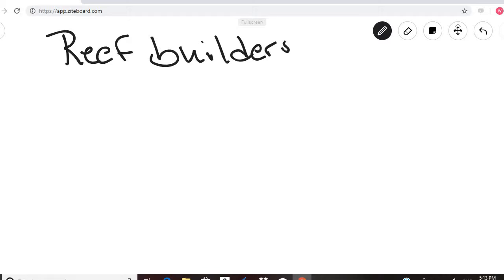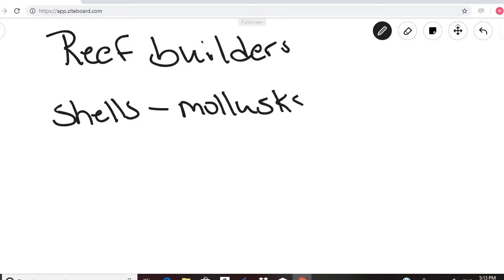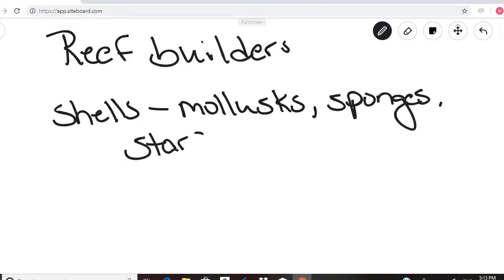Then the last things that I will mention are shells. So you get shells of mollusks, sponges, starfish, and what does this do?